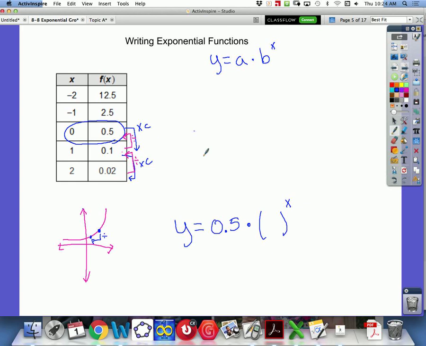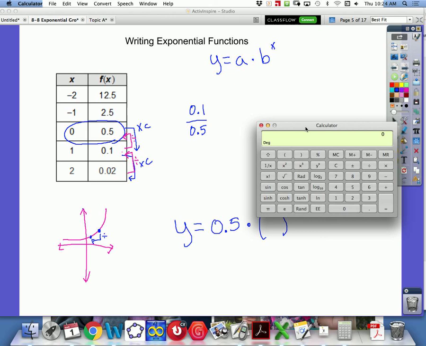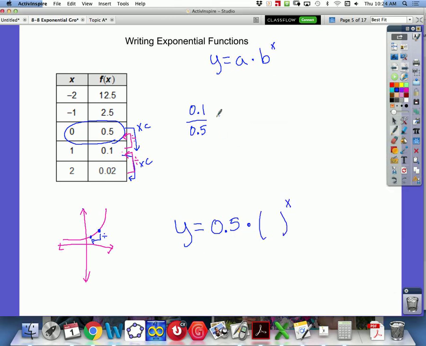So if I do that here, I'm going to take my second one and get 0.1 or 1/10 and divide it by 0.5. Then I'm going to grab a calculator, which is right here, and I'm going to do 0.1 divided by 0.5, and that tells me that my growth rate is 0.2.